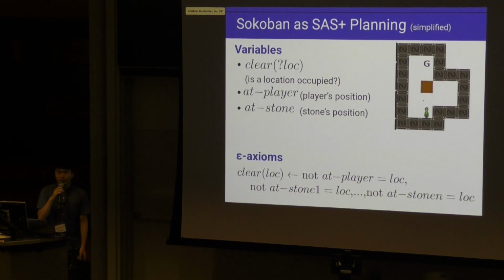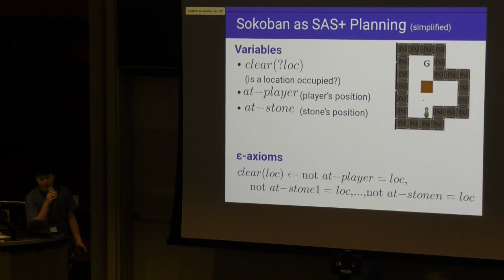Okay, so far we've looked at tau axioms that represent unnecessary operators as axioms. Now we look at epsilon axioms that represent inessential variables. So remember that in Sokoban we had three kinds of variables.